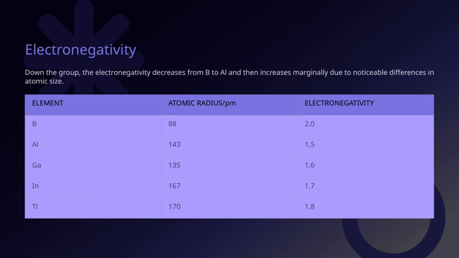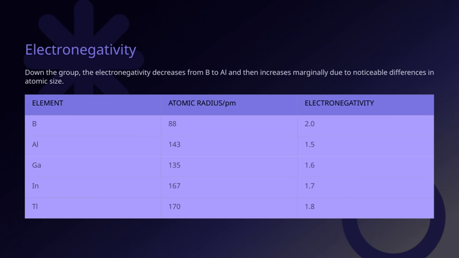Looking at the table, we see that boron has an atomic radius of 88 picometers and an electronegativity of 2.0. Aluminum's radius is larger at 143 picometers, with a lower electronegativity of 1.5. Gallium's radius slightly decreases to 135 picometers, and its electronegativity increases to 1.6. Indium and thallium continue this trend, with 167 and 170 picometers respectively, and their electronegativities are 1.7 and 1.8.